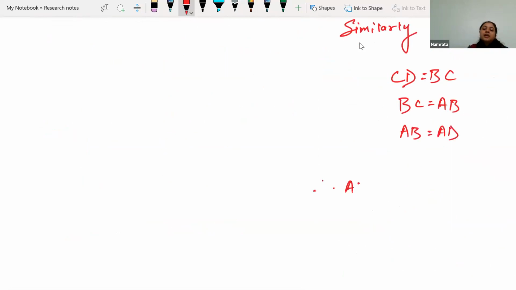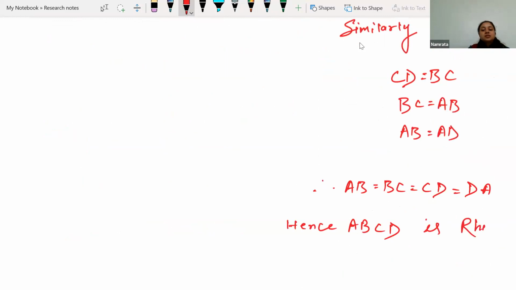Therefore, AB, BC, CD, DA all are same and hence ABCD is a rhombus. Got it? Yes, ma'am.